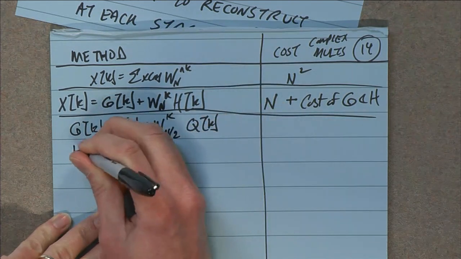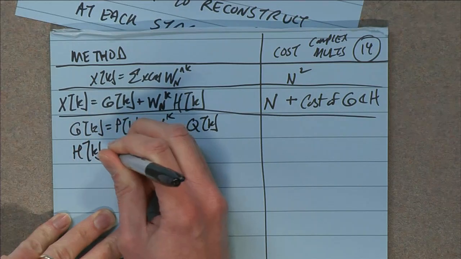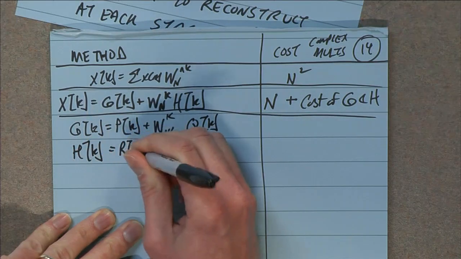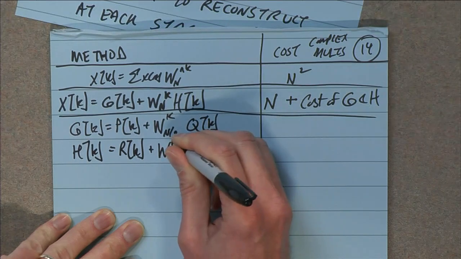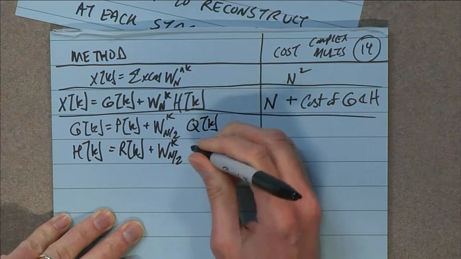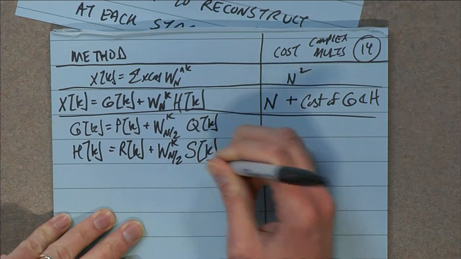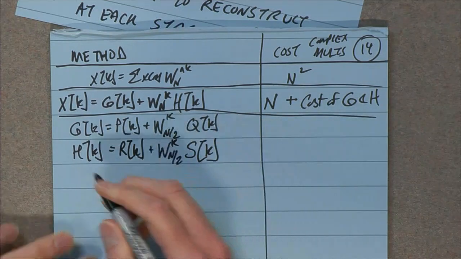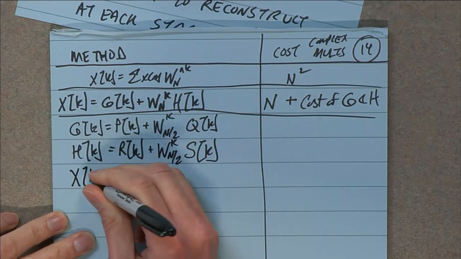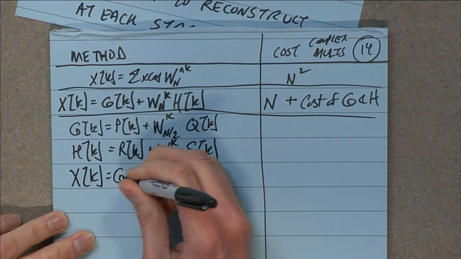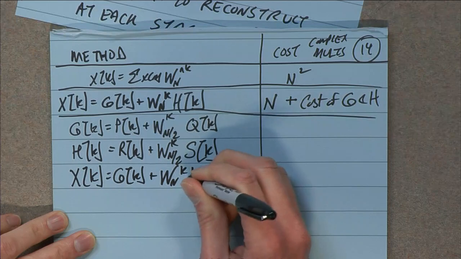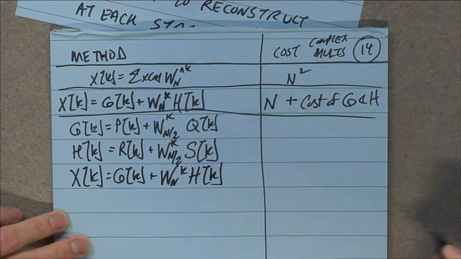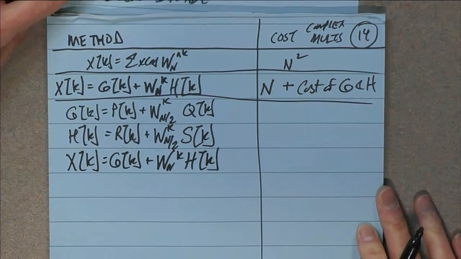And then we're going to break H into R, and this was S. And then we have to put it all back together. You can never get away from the G of k plus H of k. At the end of the day, we've got to put it all back together. So what's the cost of this?